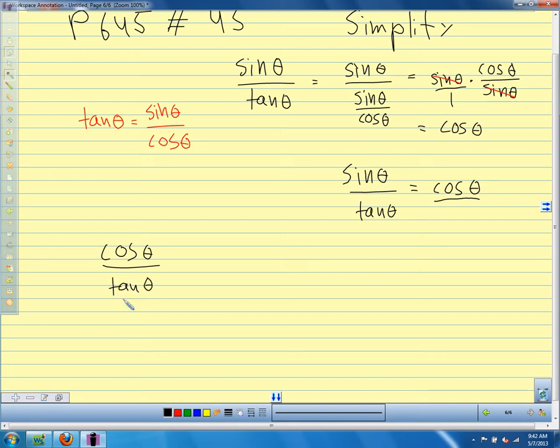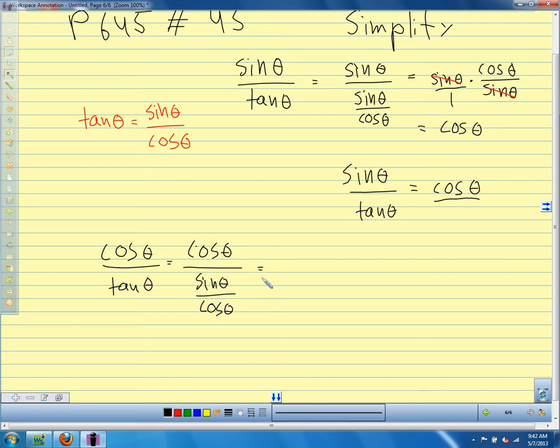Not necessarily. Because this one, if I rewrite this, this is cosine theta divided by tangent theta, which is sine theta over cosine theta.